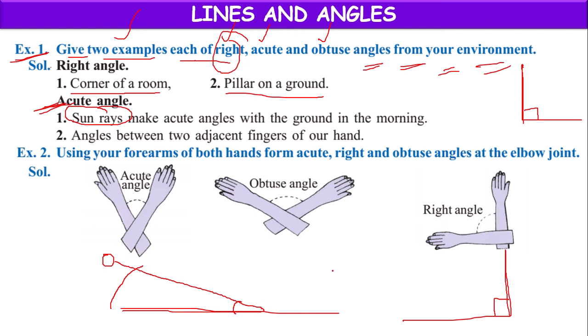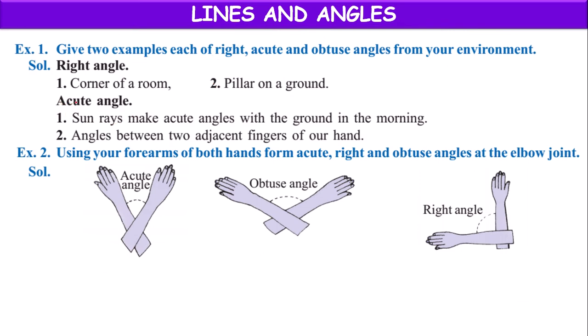Or if you take the 5 fingers of a hand, the angle between any two fingers will be acute. Like that, for obtuse also, you can guess any two angles from your surroundings.